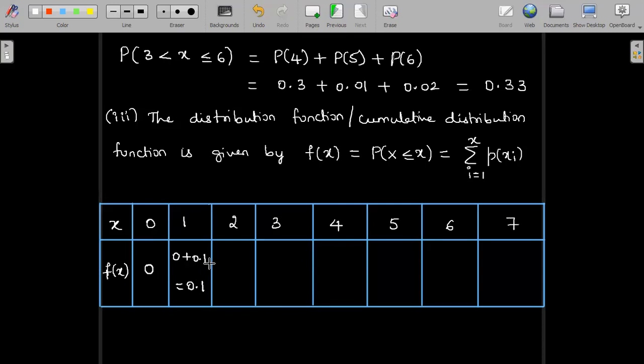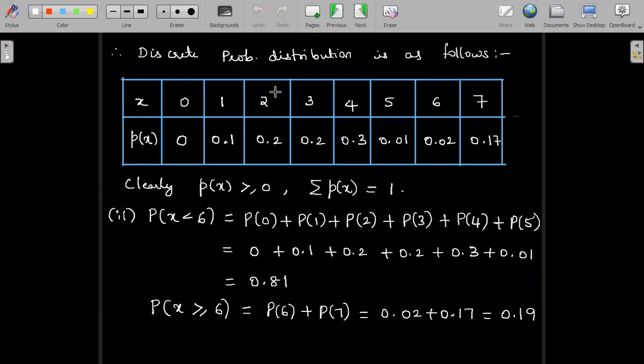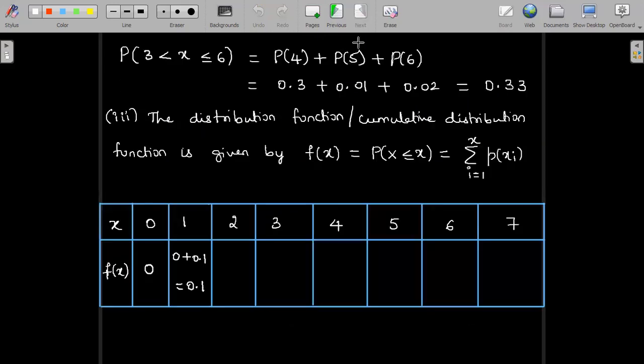So both we have to sum up. Similarly, for the next column, x equal to 2, we have to sum up the previous three probabilities: 0 plus 0.1 plus 0.2. For x equal to 2, we are summing up all the probabilities until x equal to 2. That is what the formula says: i equal to 1 to that particular value of x, you have to sum up all the probabilities. So we are adding up 0 plus 0.1 plus 0.2, which gives us 0.3.